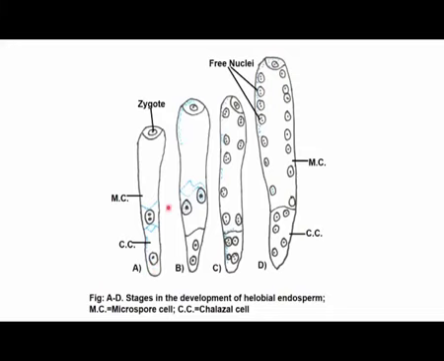So, this is the triploid nucleus, and as soon as the division happens, it starts moving towards the chalazal end. So, the primary endosperm nucleus moves to the chalazal end of the embryo sac.